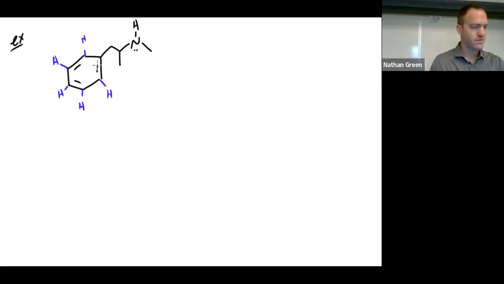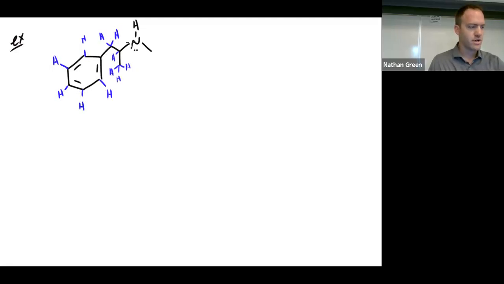None. This carbon has 2, 4, 6, 8 electrons, no hydrogens. Any here? 2. Any here? 1. Any down here? 3. That is a carbon. The end of a line counts as a carbon, so there are 3 hydrogens down here.